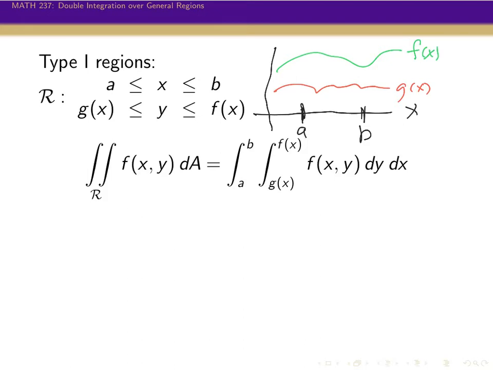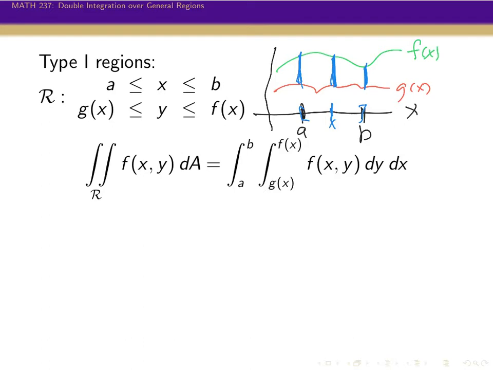The region as a whole is between f of x and g of x, where the x values are between a and b. The bounds in x are from a to b, and for any x value in between a and b, we can draw a straight line above it, where f of x is on the top and g of x is on the bottom.